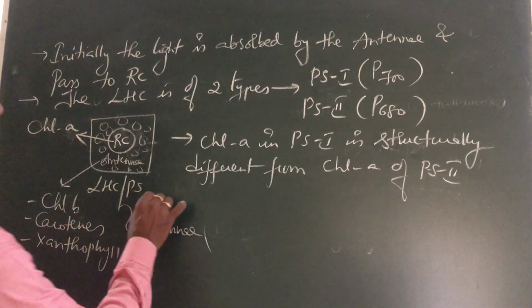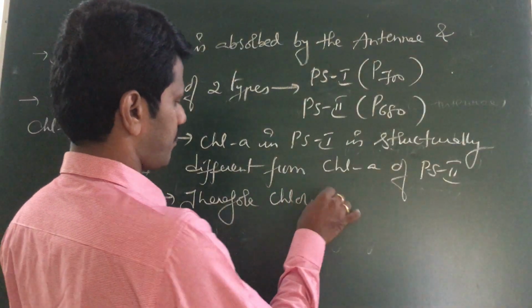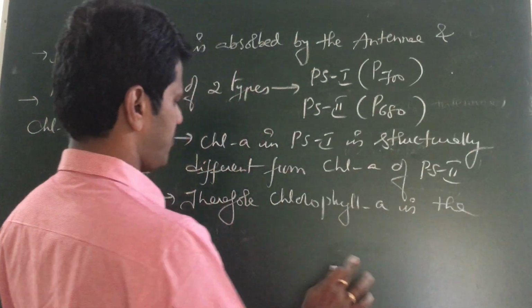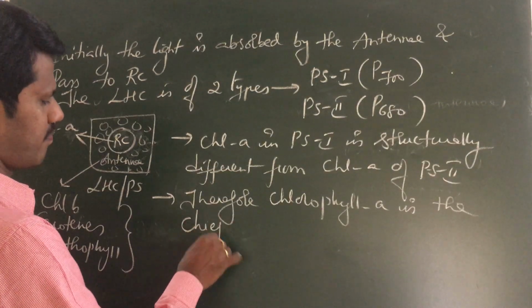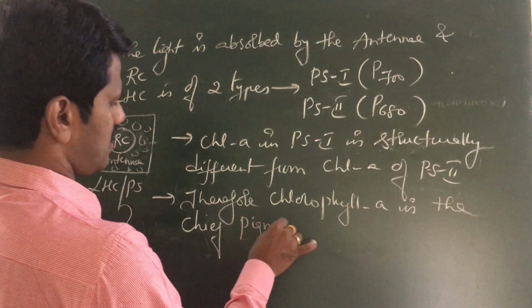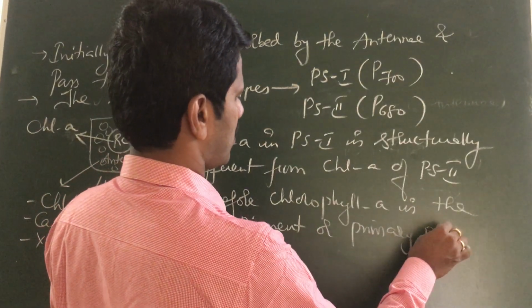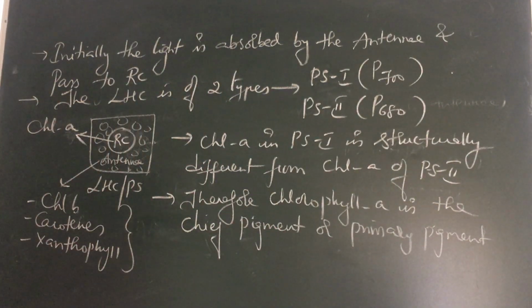Therefore chlorophyll A is the chief pigment, or primary pigment, for photosynthesis.